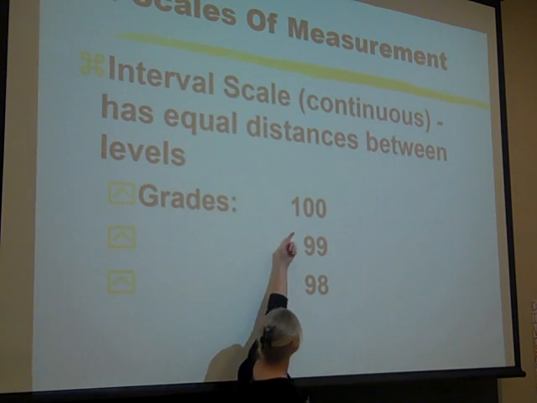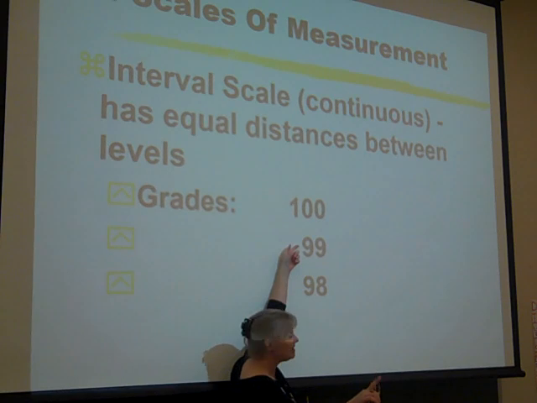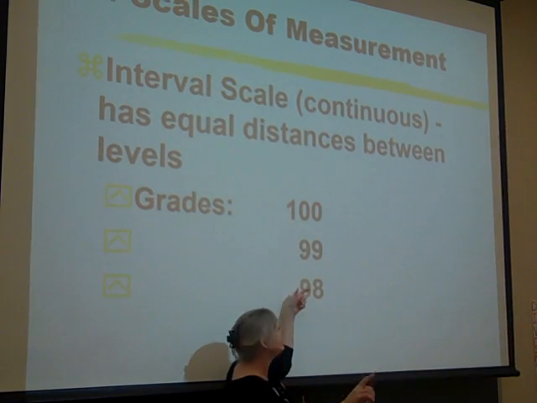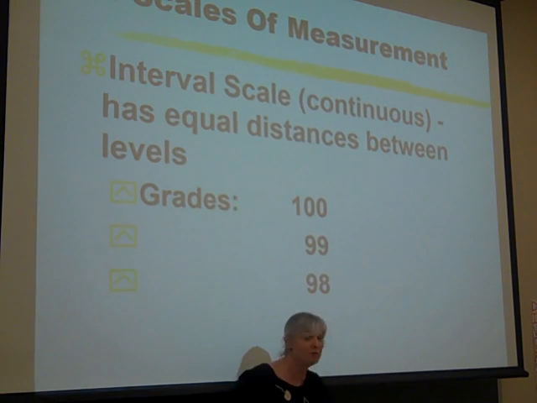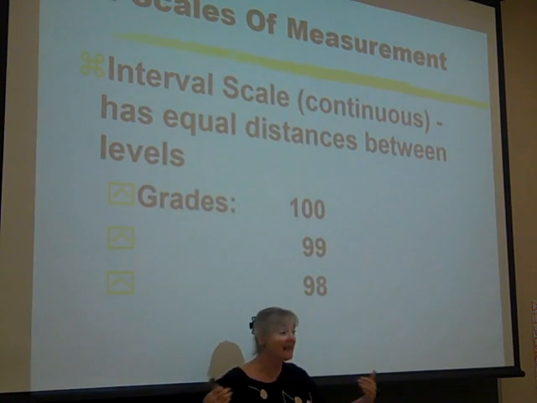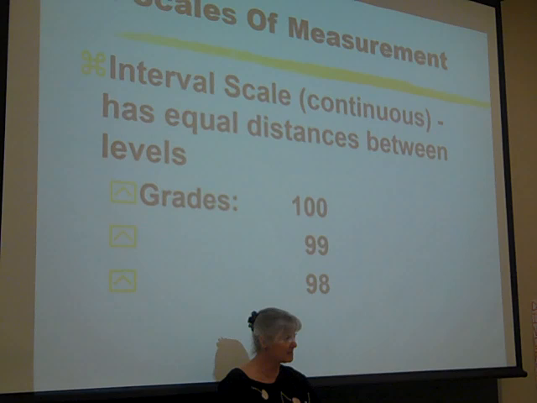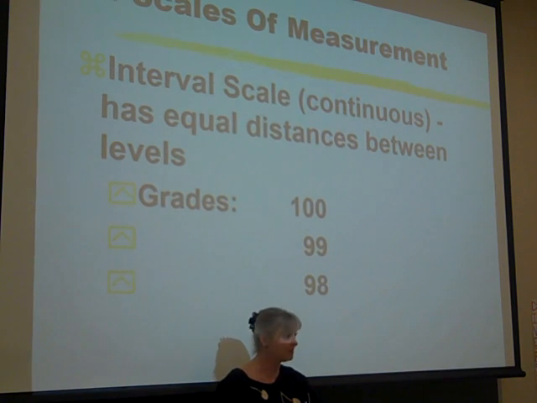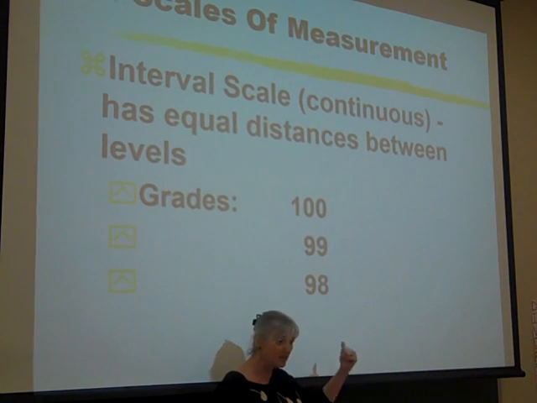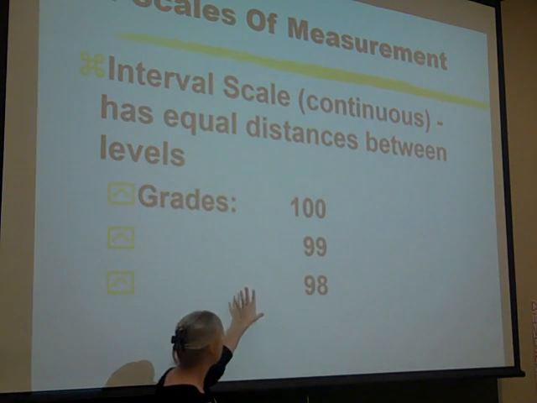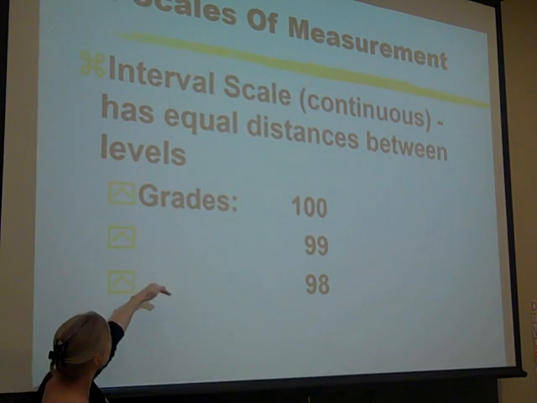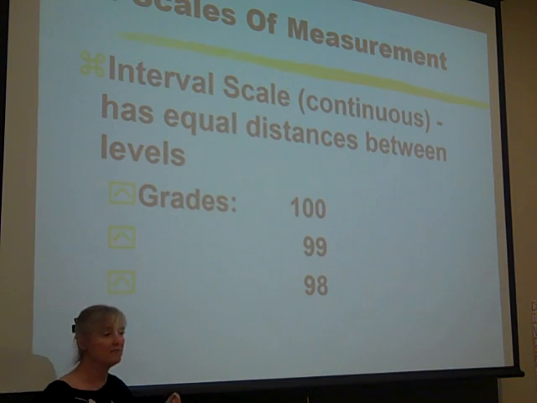What is the difference between 100 and a 99? 99, 98, 98, 97. If I went all the way down to 1 and 0, you would tell me 1. Can I say that a 100 is twice as high as a 50? Absolutely, because the competencies are equally spaced. So when you have competencies that are equally spaced like that, you have the interval scale of measurement.